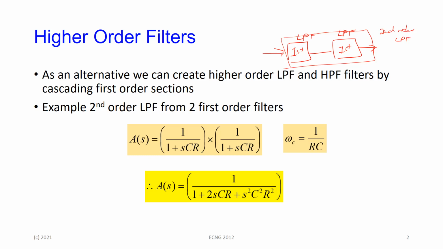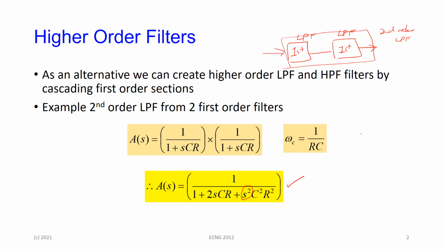If I were to do that, we recall from the first slide last week, Monday, that the transfer function for our first order low pass filter was a single pole, so it's 1 over 1 plus SCR. Cascade that with itself, and what you get is a second order transfer function here. 1 over 1 plus 2 SCR, and look, the second order coming up here with the S squared.